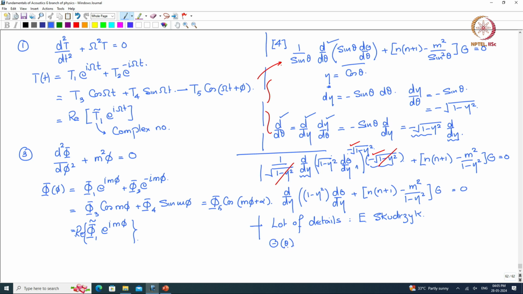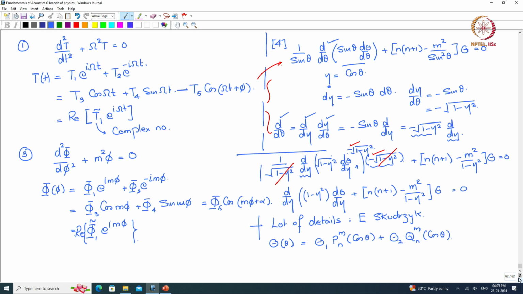So in terms of theta, if we write, then this is some constant theta 1 P m n cos theta plus theta 2 Q m n cos theta.